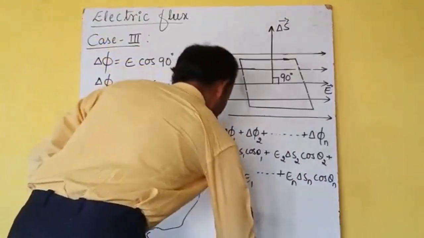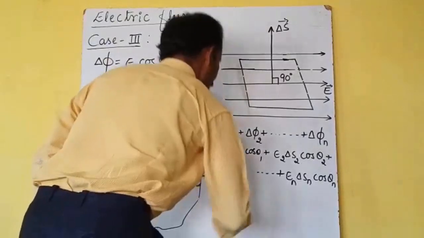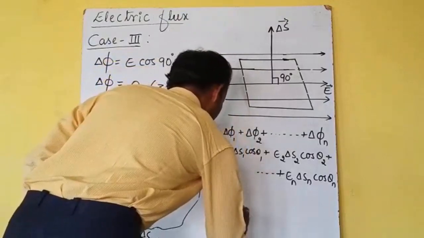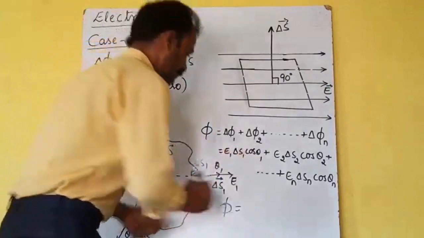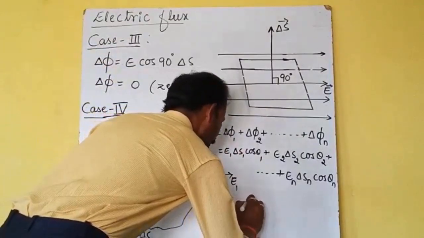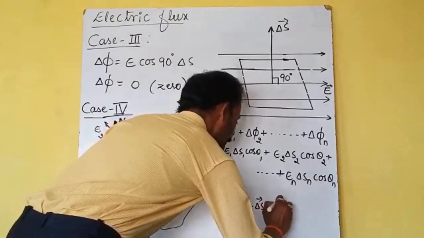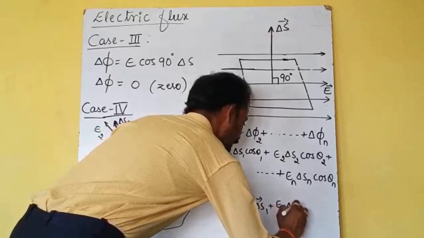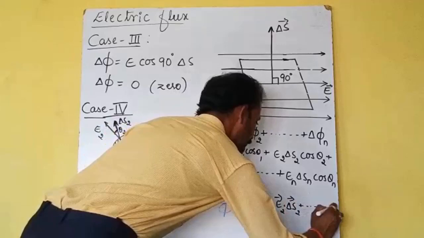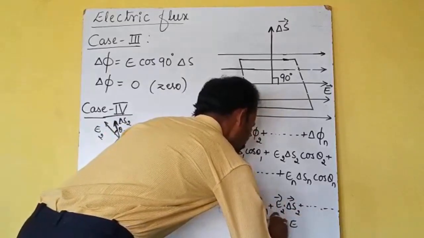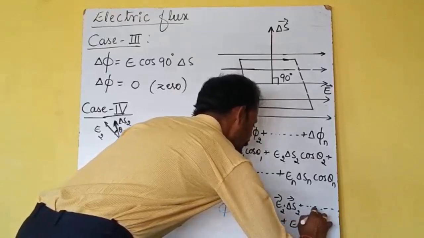So this is equal to, as it is a dot product, phi equals E1 dot delta S1 plus E2 dot delta S2 plus so on plus En dot delta Sn.